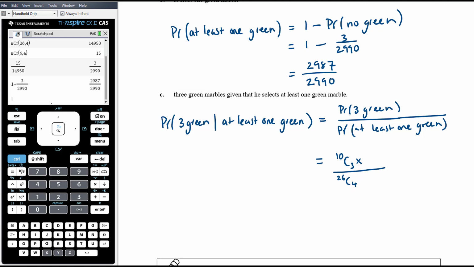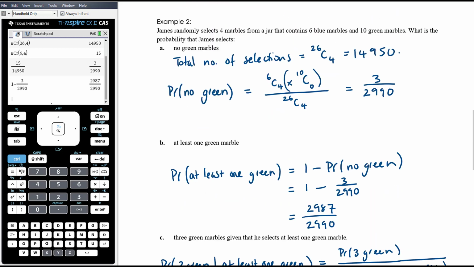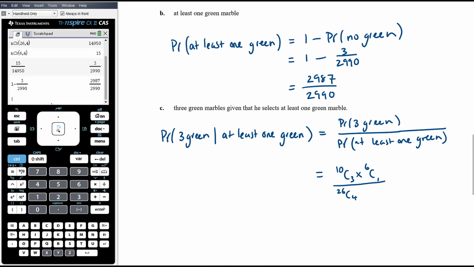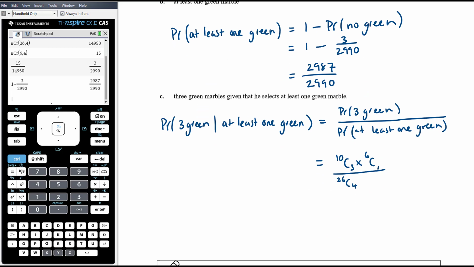You have to choose 3 greens and 1, whatever the other colour was, sorry, 1 blue. So the number of ways of selecting 3 green marbles is not just 10 choose 3, because you are still choosing 4 marbles. So you need to do 10 choose 3 times 6 choose 1 over our total number, and then that's dividing by our probability that we've already got from the previous question, 2987 over 2990.